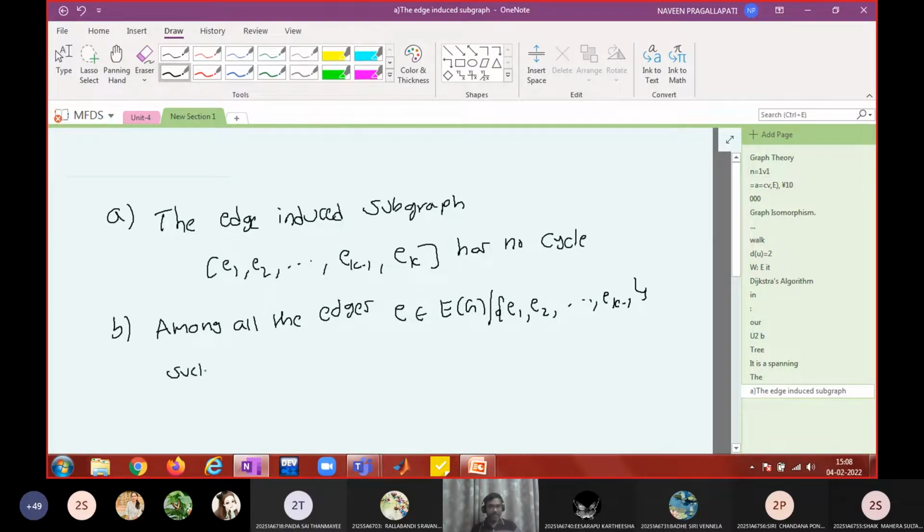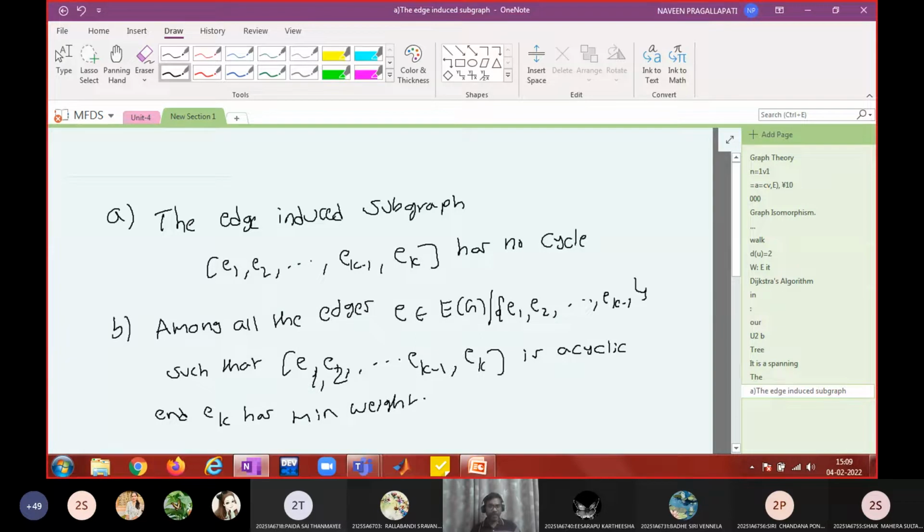Such that E1, E2, and so on, Ek minus 1, comma Ek should be acyclic, and Ek has minimum weight.